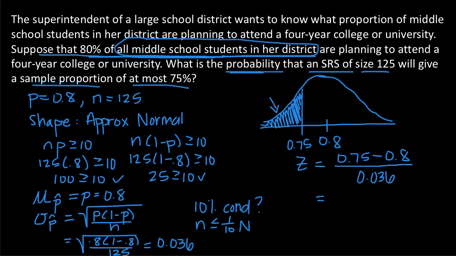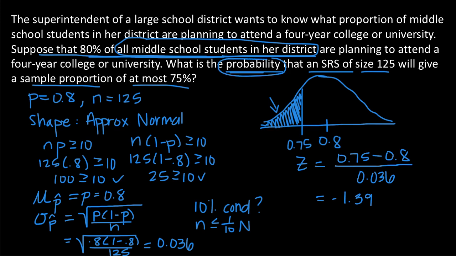That is about negative 1.39. So if we were going to interpret that, 75% is 1.39 standard deviations below the mean, but we really want the probability that we get 0.75 or lower.